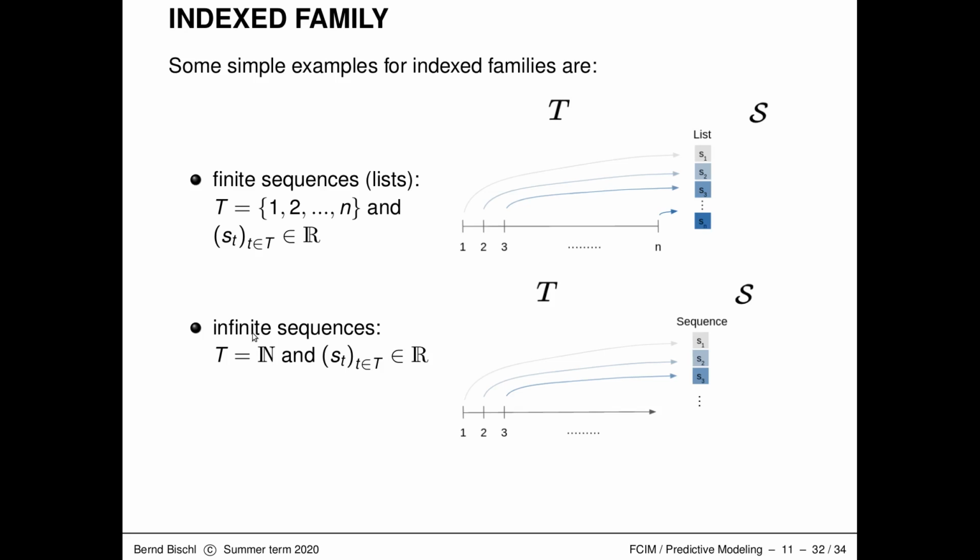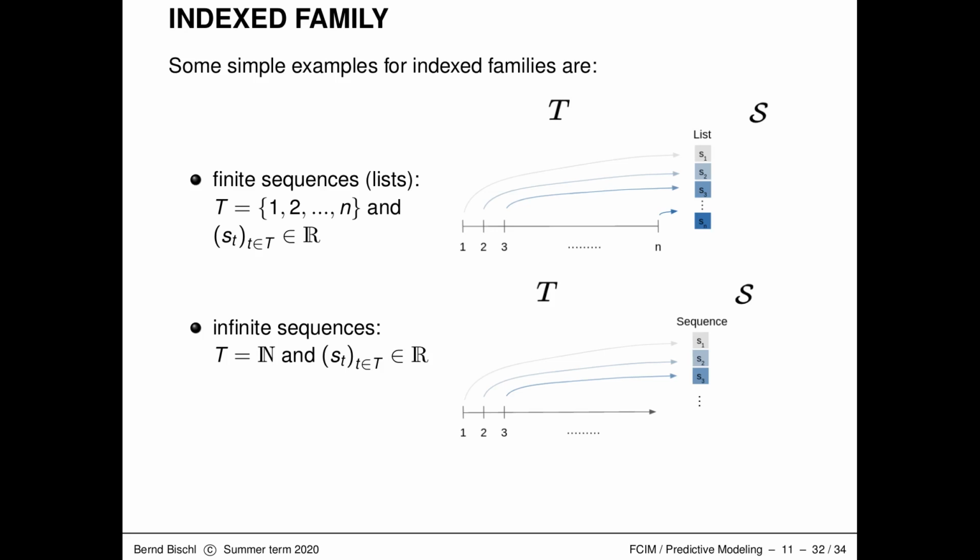What if we have an infinite index set? For example, T equals the set of natural numbers. Now the index set looks like this: 1, 2, 3, 4, 5 until infinity. And we have now a sequence of infinite length. And we can now talk about random distributions over such infinite sequences.